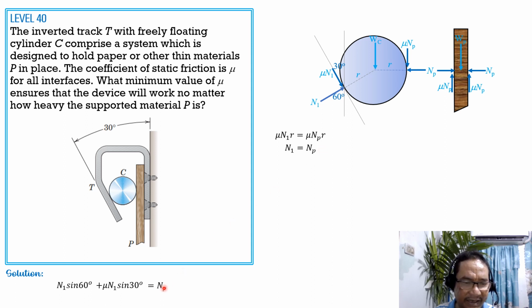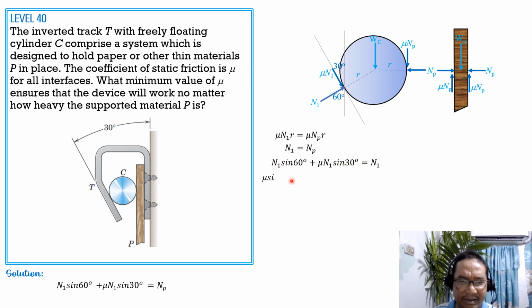So replacing NP here with N1, we can solve for the minimum value of the coefficient of static friction. So N1 sine of 60 degrees plus mu N1 sine of 30 degrees equals N1. We replace NP by N1 because of this equation here.